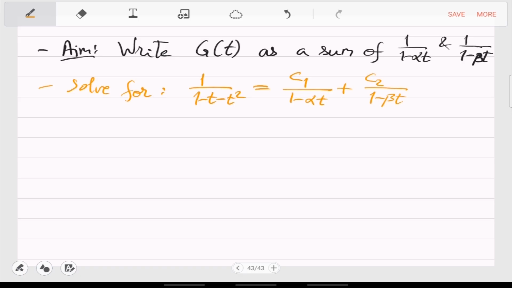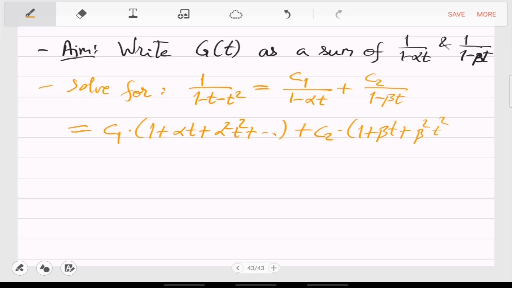And once you have found C1, C2, you can then write 1 over 1 minus alpha t as a power series now. So now you go back to power series because it has become very simple. 1 plus alpha t plus alpha square t square and so on, plus C2 times 1 plus beta t plus beta square t square and so on, right?